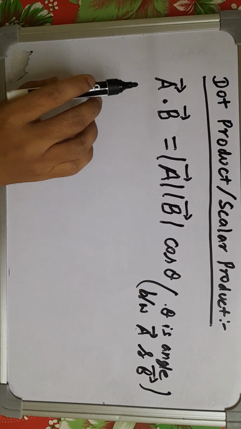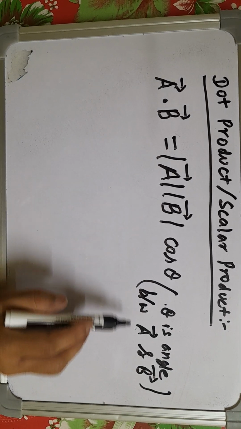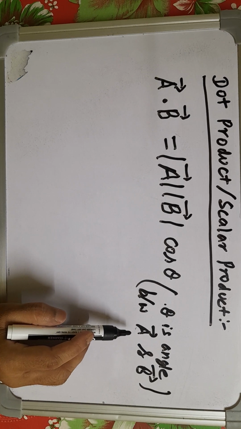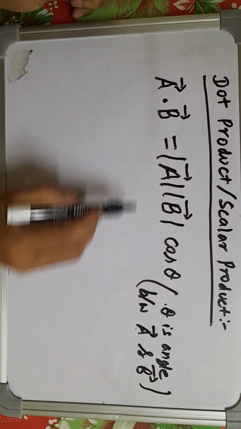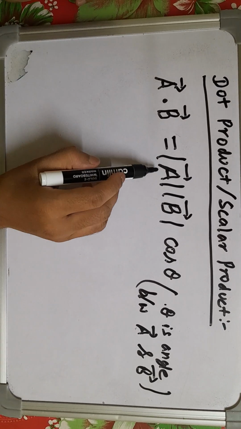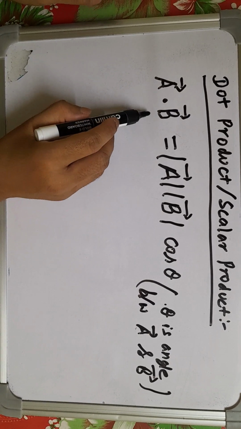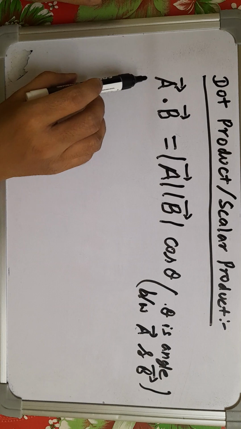Okay, so a vector dot b vector is ab cos theta, whereas theta is the angle between a vector and b vector. So a vector का mod is the magnitude of a vector, and b vector का mod is the magnitude of b vector, and cos of theta, and theta is the angle between the a vector and b vector.